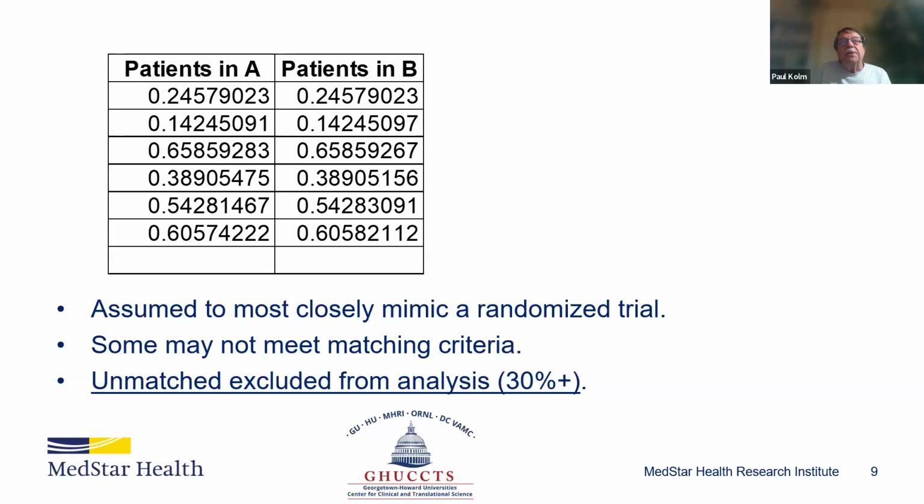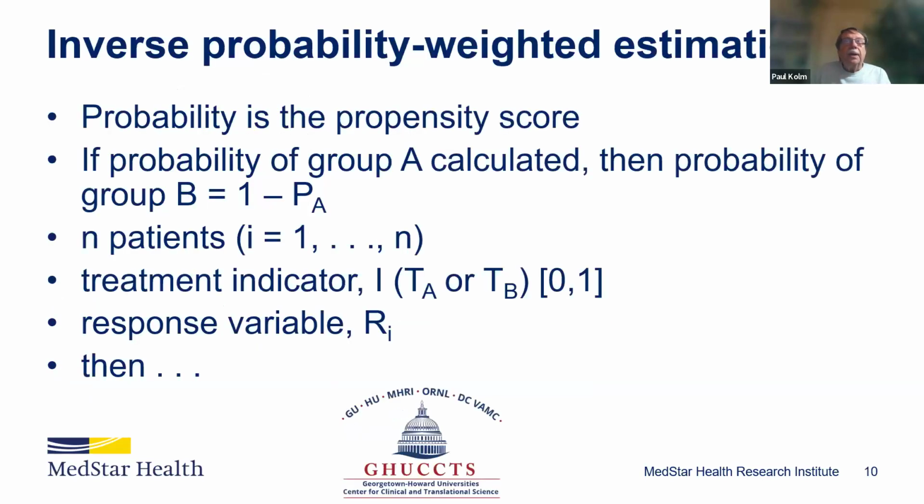So that's one of the downsides of propensity score matching, that you're going to have a certain percentage, even up to 30% or more, that aren't going to match. And it goes without saying, if you don't get a match, then those 30% are not going to be included in the analysis.